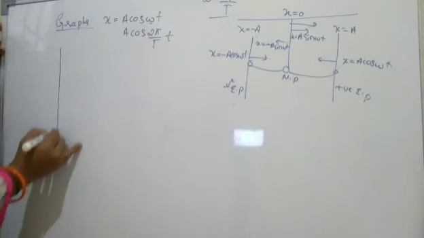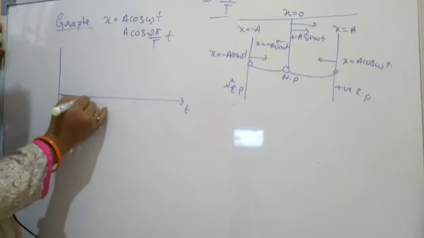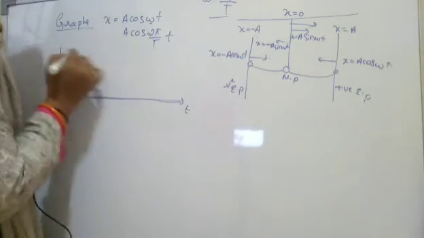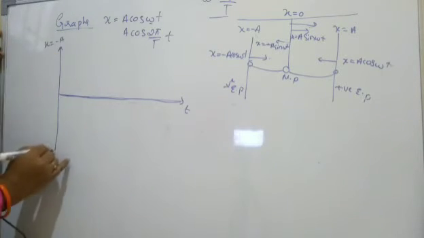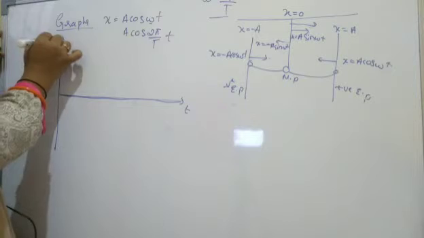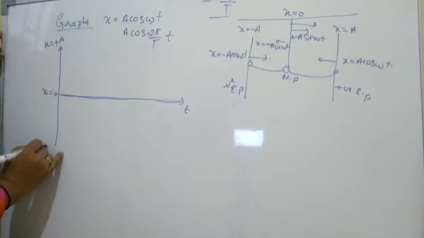So this is the graph where t is there here. I'm going to write it here: x is equal to plus a, x is equal to 0, x is equal to minus a.